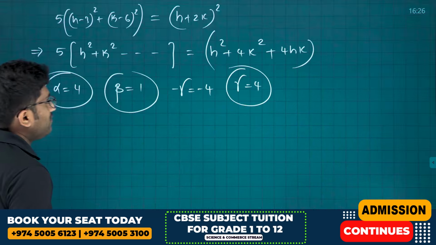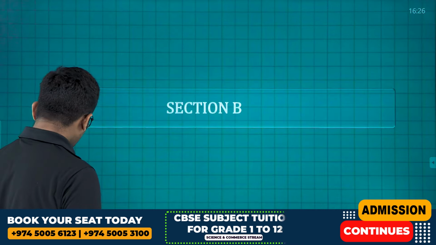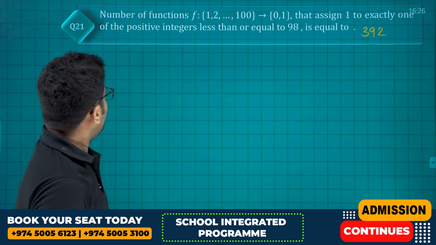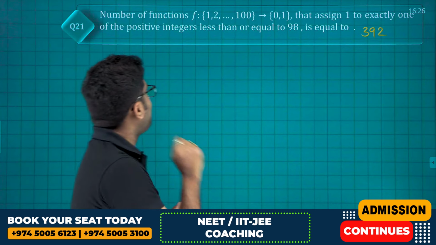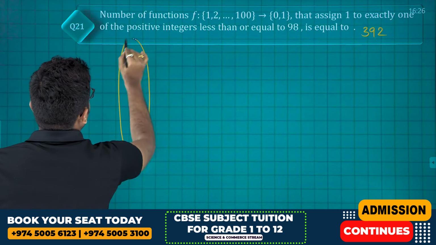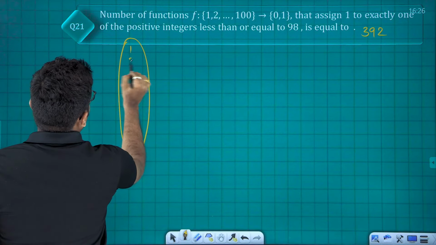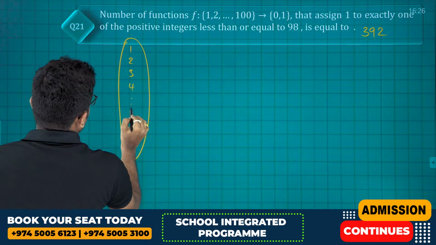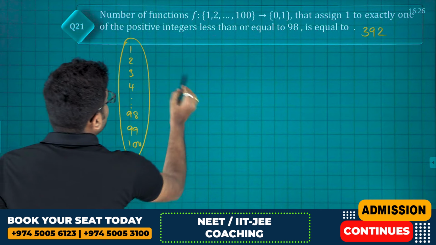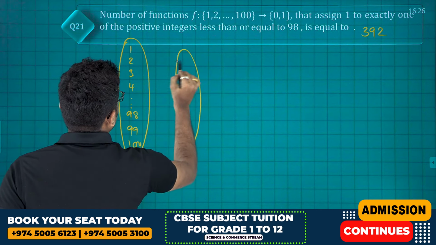So with that we are done with section A. Now we'll discuss section B, that is numerical type questions. In that, the first one: the number of functions f mapping from 1 to 100, that is 1, 2, 3, 4 and so on, 98, 99, 100, to 0 comma 1.